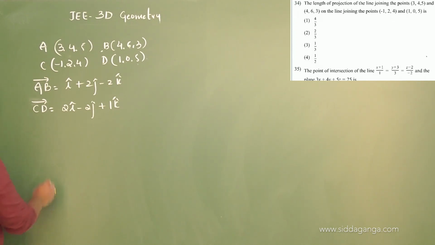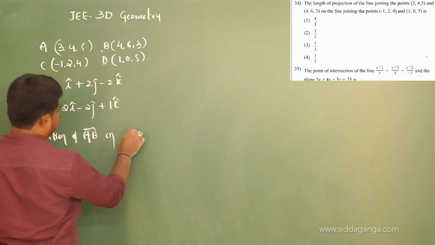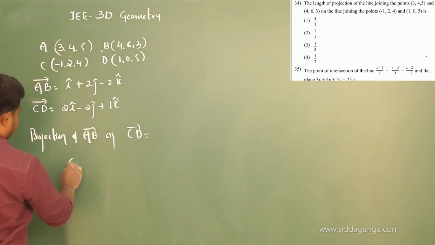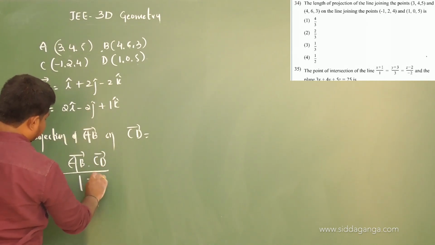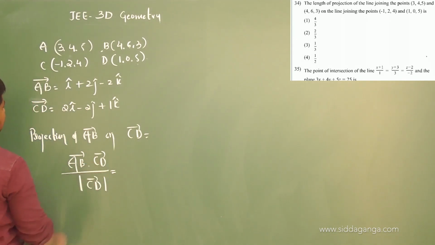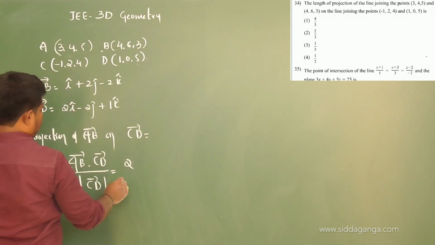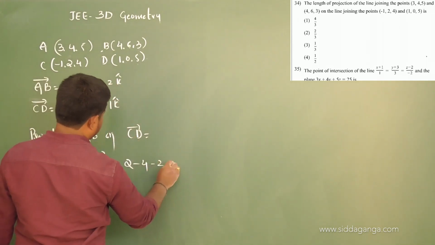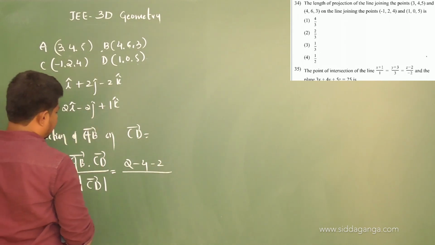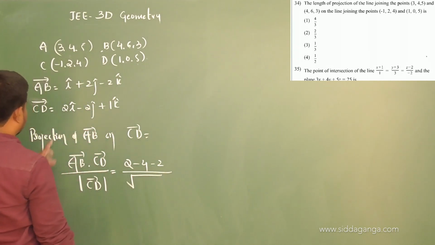Now the projection of AB on CD is given by what? Projection of AB on CD is AB dot CD whole divided by magnitude of CD. This gives your answer. So the dot product of these two: 1 into 2, 2; 2 into minus 2, minus 4; minus 2, divided by root of 2 square plus 2 square plus 1.